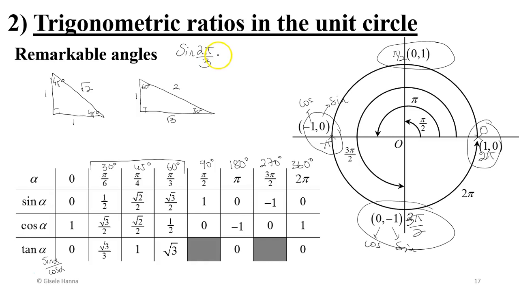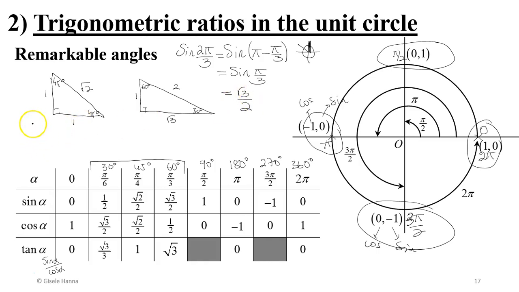It's because even though 2 pi over 3 is not a remarkable angle, we know that 2 pi over 3 is pi minus pi over 3, and that falls in quadrant 2 where sine is positive. So according to the transformation formulas, that would be the same as sine of pi over 3, which is equal to square root of 3 over 2.